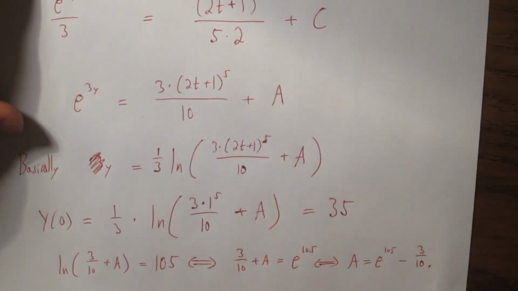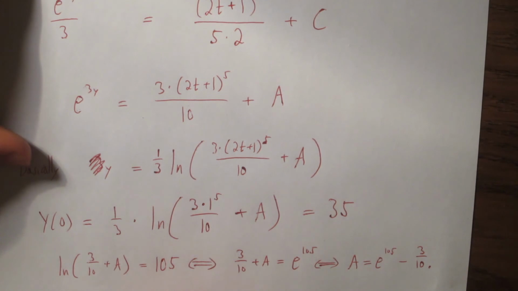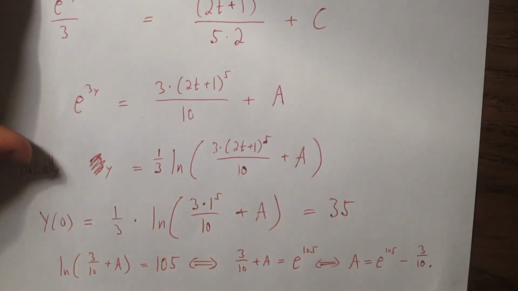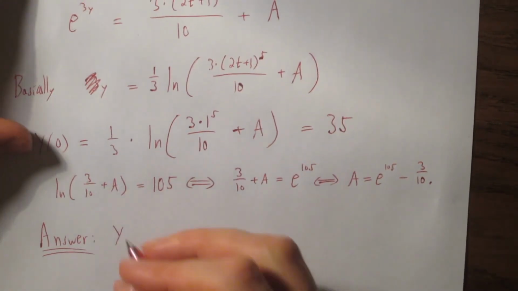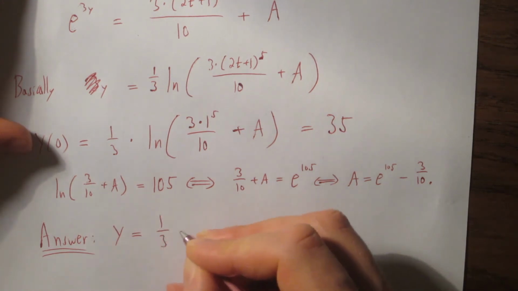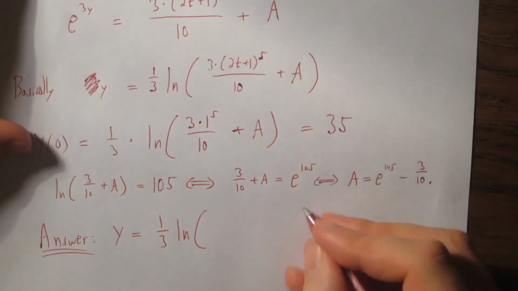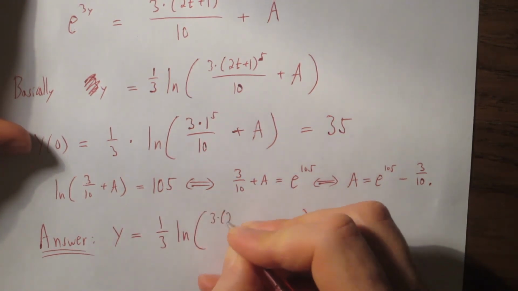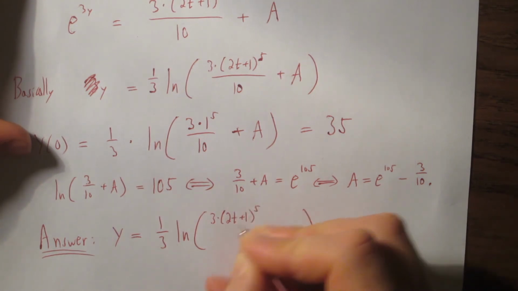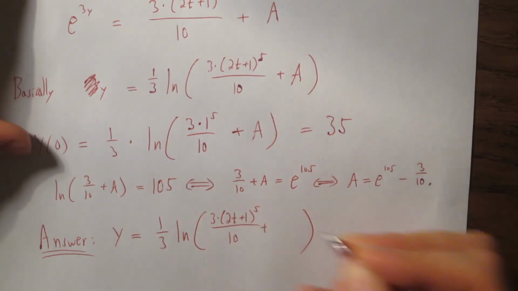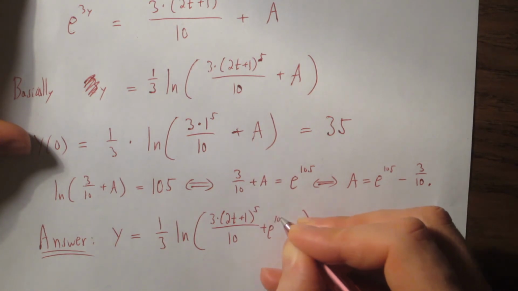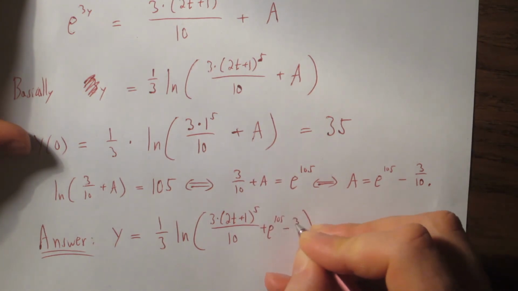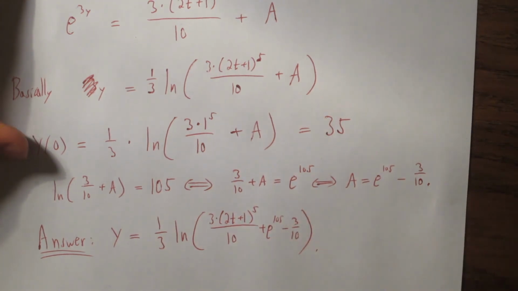So we just replace a by what it is for us when we give our answer. So y is a third of ln of all of 3 times (2t plus 1) to the power of 5 over 10 plus e to the power of 105 minus 3/10.